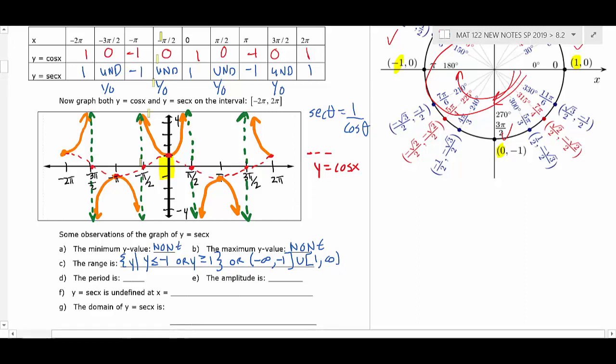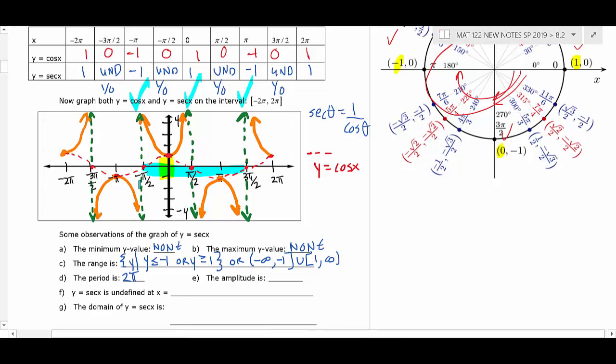Okay, the period is still 2 pi. And I usually like to look at it like this. It doesn't really matter where you start that period, but if you went from here over to there, you could think of the same thing. You have an asymptote in the middle, and then a final asymptote. You have the shape that goes upward and then the shape that goes downward.